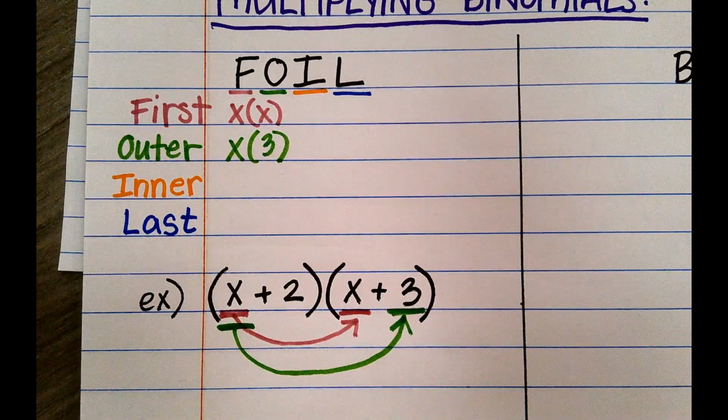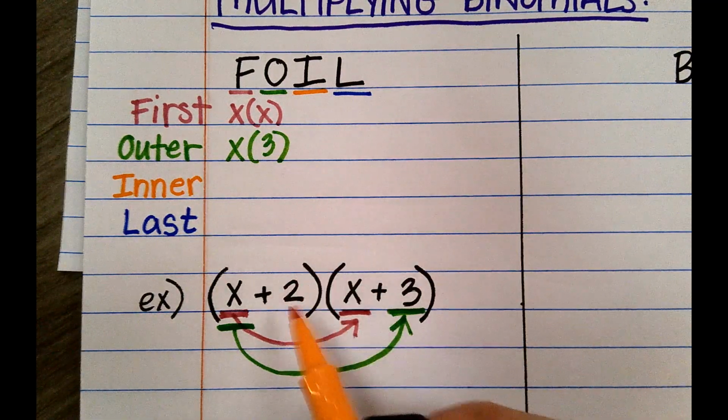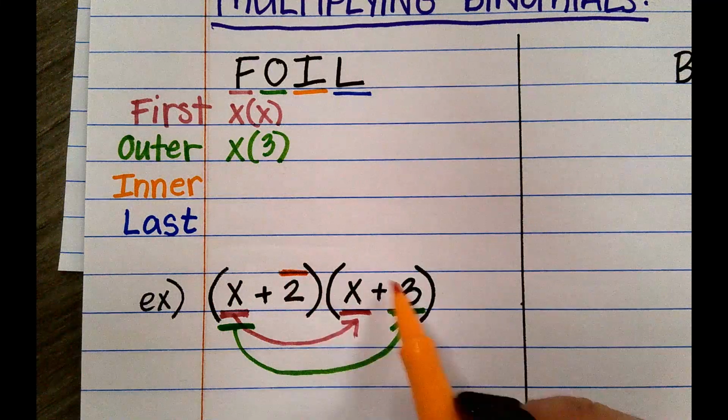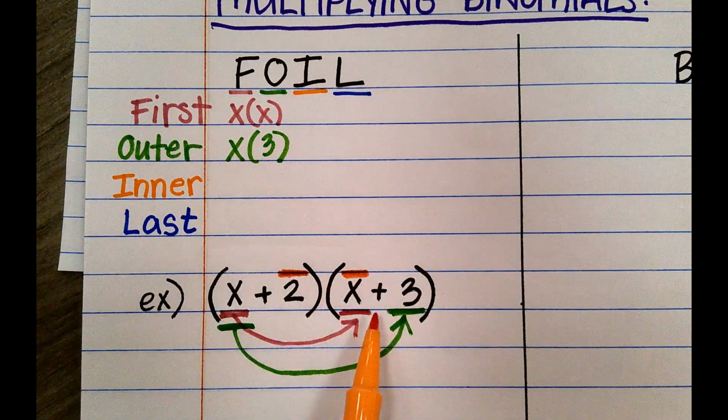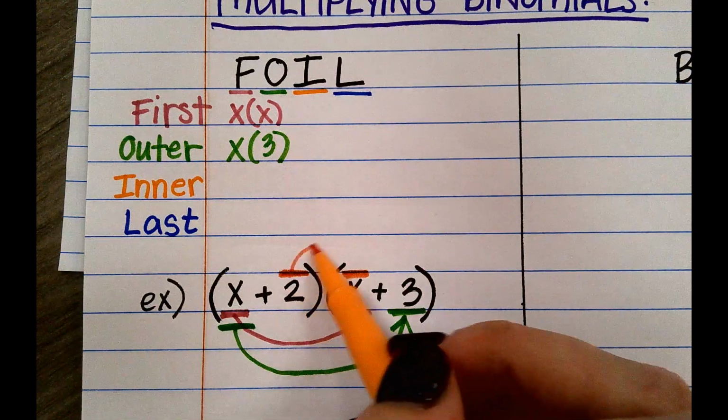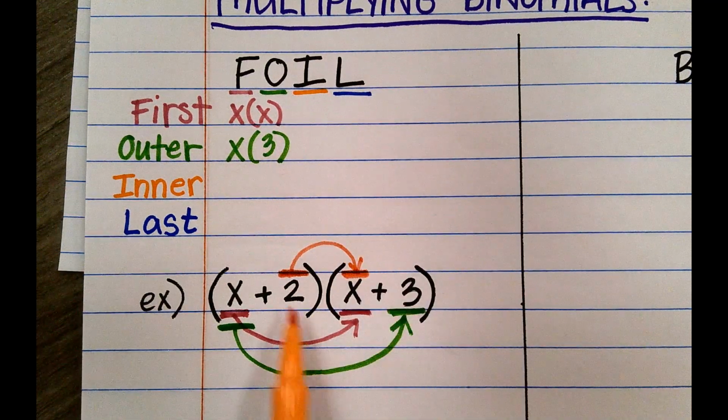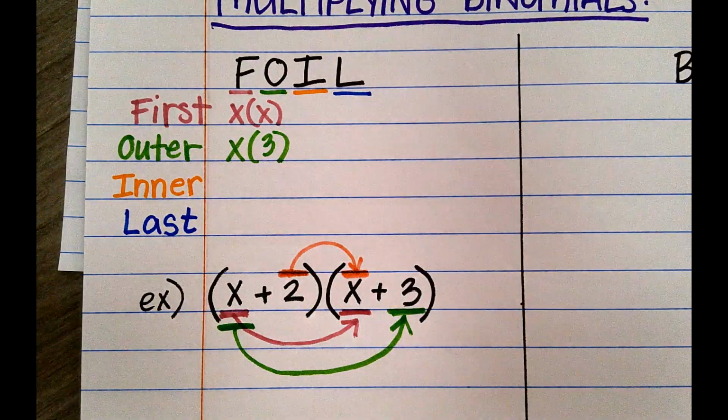Now my inner terms, what two terms are on the inside? Yes, 2 and x. I'm going to do it on top now so my colors don't get all mixed. 2 times x. These are my inner terms. Oh, I'm using the wrong orange.